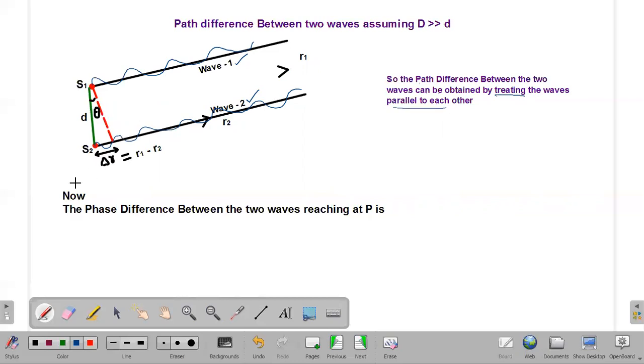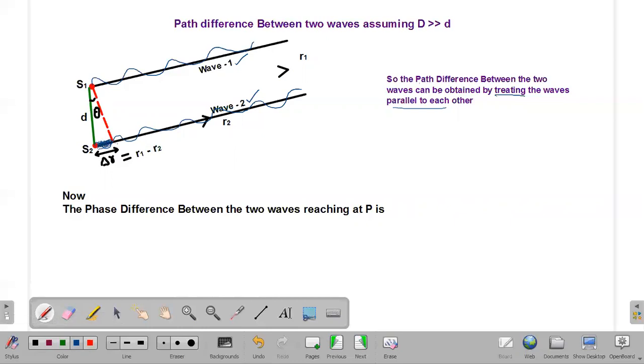So this is the objective way to find out the path difference in the double slit experiment. Consider wave 1 and wave 2 of slit 1 and slit 2 to be parallel, and then what is done is drop a perpendicular from S1 to wave 2.